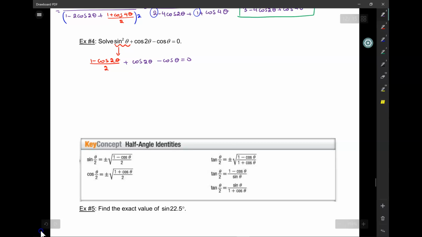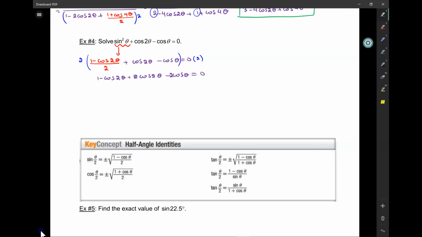Now, I don't like that 2 there. So I'm going to multiply everything by 2 on both sides of the equation. So I get 1 minus cosine 2 theta plus 2 cosine 2 theta minus 2 cosine theta equal to 0.